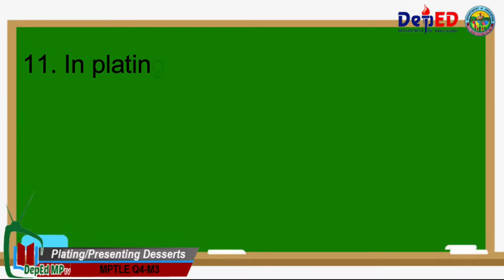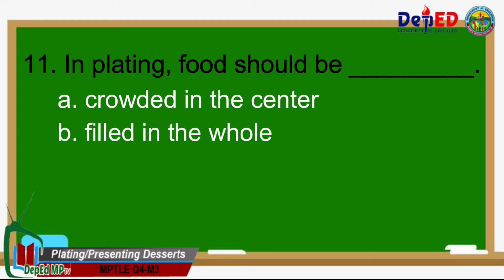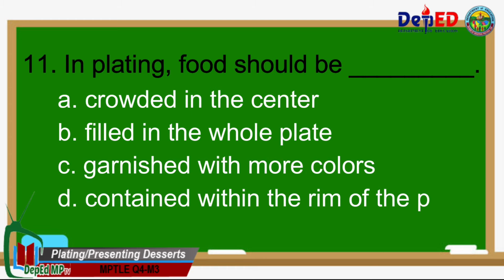Number 11. In plating, food should be blank. A. Crowded in the center. B. Filled in the whole plate. Letter C. Garnished with more colors. Letter D. Contained within the rim of the plate. The correct answer is letter D. Contained within the rim of the plate.